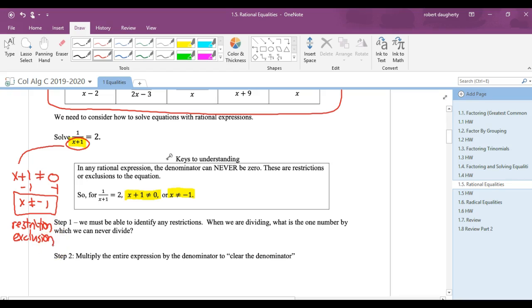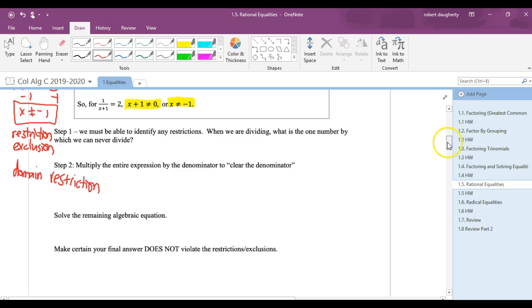You might see the word domain, and we'll talk more about domain later, but a domain restriction. All of these mean the same thing. Restriction, exclusion, domain restriction. It tells me that, and I look at that expression, it is defined in every case except when x is -1, because when x is -1, this becomes -1 plus 1, that's 1 over 0, that's undefined. So we have to pay close attention in rational expressions to what those restrictions will be.